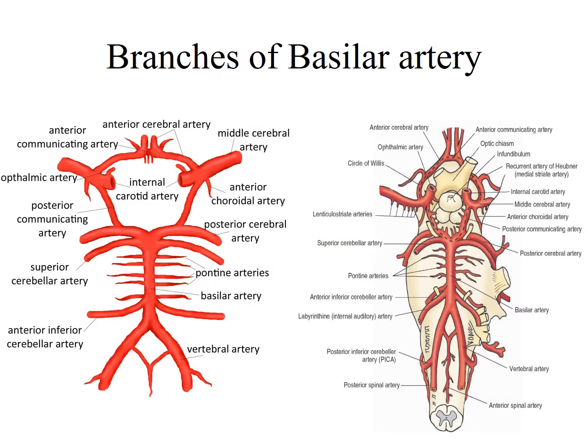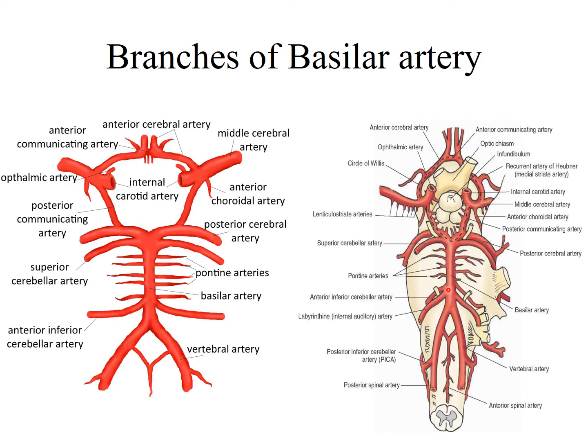Yes, in this picture the branches are very clear. Here you can see the two vertebral arteries uniting to form the basilar artery, and from the basilar artery you can see the first branch. This is the anterior inferior cerebellar artery, then small pontine branches, then the superior cerebellar artery and the posterior cerebral artery.